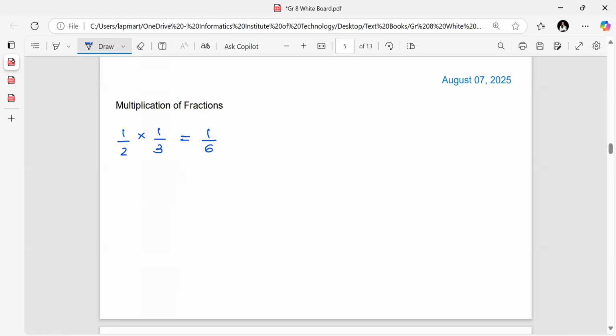If you have 1 over 2 multiplied by 2 over 5, this time you have two options. Either you can do the same thing, 1 times 2, 2, then 2 times 5, 10, then you divide both the numerator and the denominator by 2, it is 1 over 5.